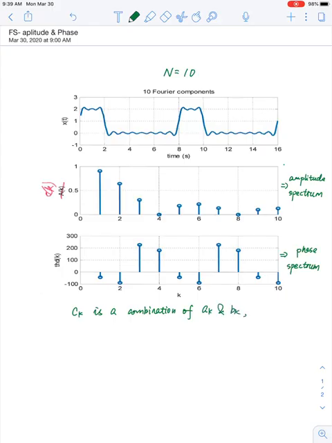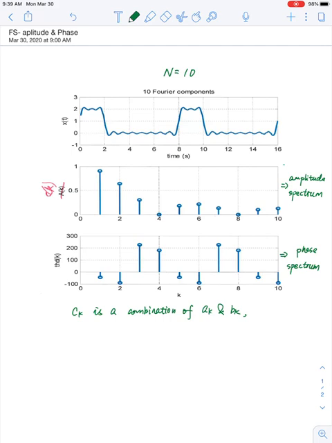of AK and BK. So once we find that CK has a relatively large value, we know that we have to find one key frequency of the signal. So for example, we can find that C1 is a relatively large value.